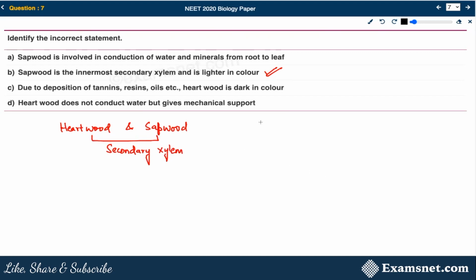So you have to identify the incorrect statement. Sapwood is found in the outermost secondary xylem and it is lighter in color. So it is lighter in color, but it is found in the outer area.